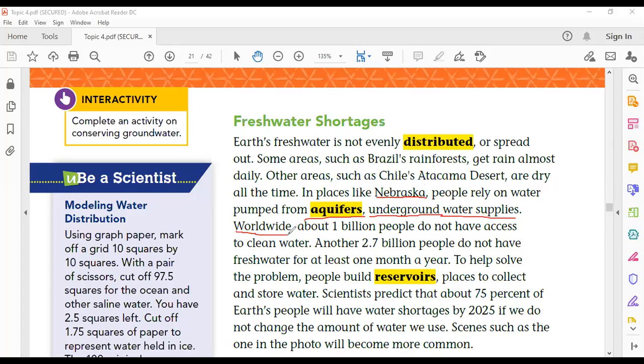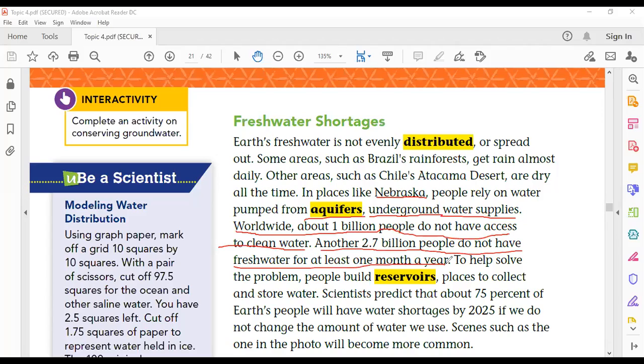Worldwide, about 1 billion people do not have access to clean water. This is a very great number. It's a huge number. Another 2.7 billion people do not have fresh water for at least 1 month a year.